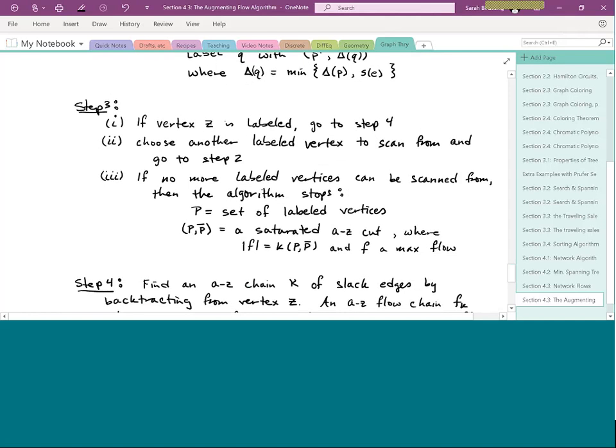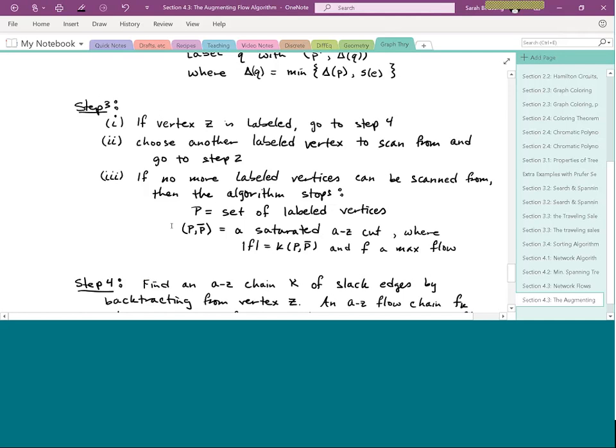P complement would be your unlabeled vertices, and you're pulling a specific cut. The cut would be P complement, and this is a fully saturated cut, which means you've actually reached a maximum flow at this point. There's no way to tell that you've reached a maximum flow until you get a fully saturated cut. Okay, so this is how you prove that, hey, we already had a maximum flow previously.